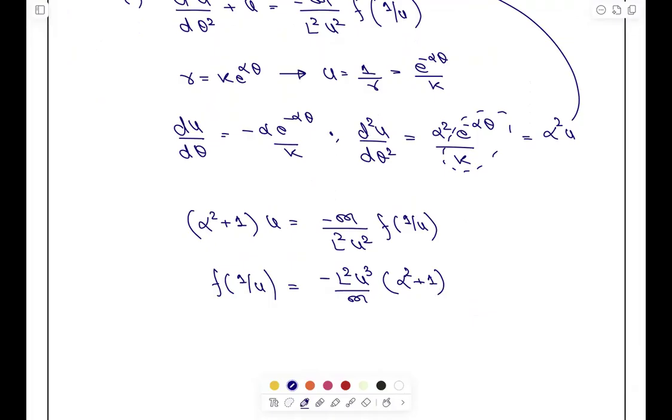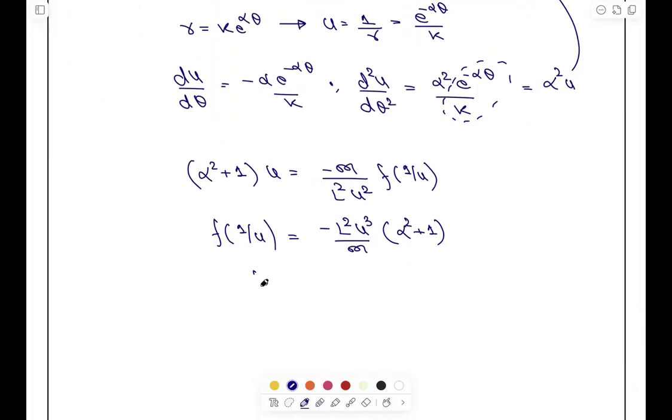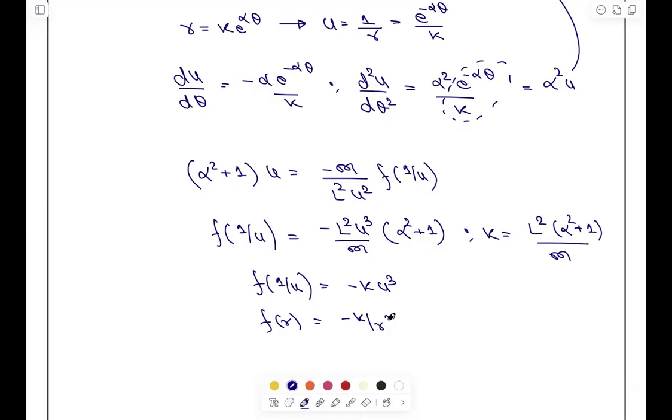Now if you take these things as k, f of u will become minus k u cube, where k is equal to L square times alpha square plus 1 upon m. If you want to write in r, you can simply write minus k upon r cube.